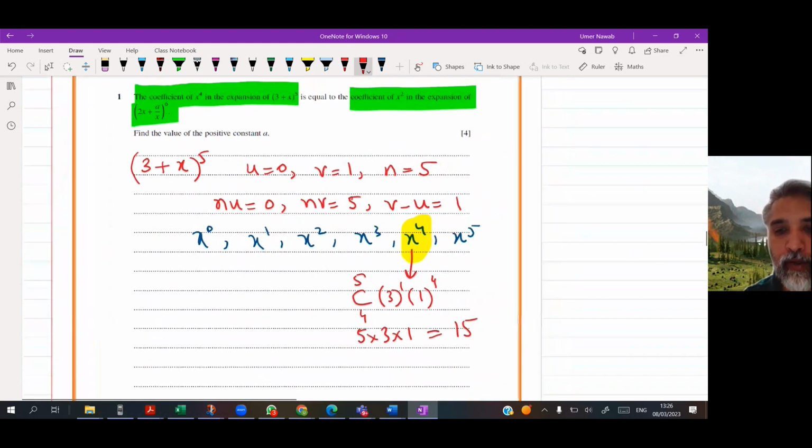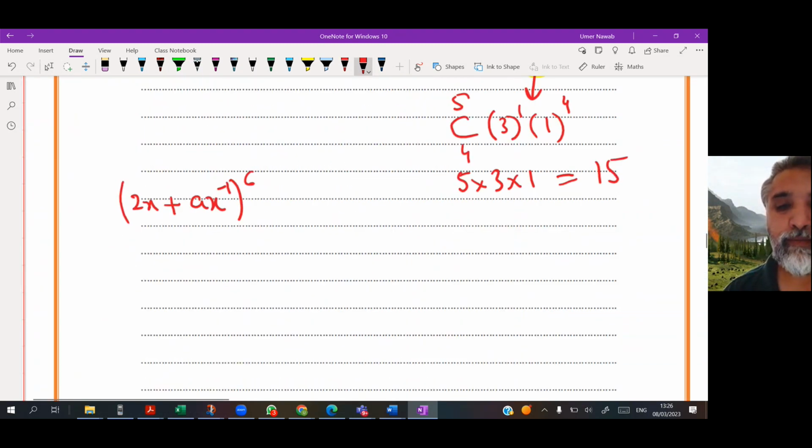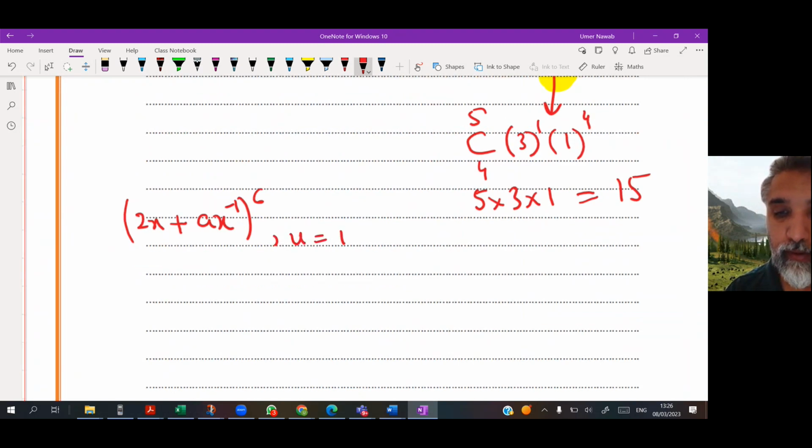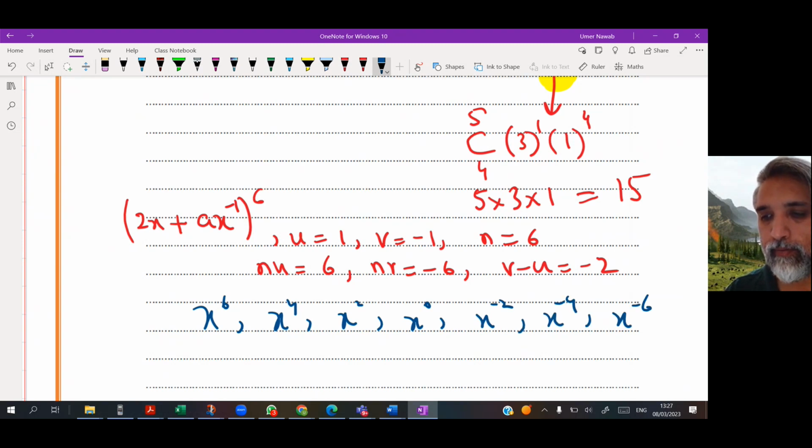Also, he gave you another expression, which is (2x plus ax to the power minus 1) raised to the power 6. Here we are looking for the coefficient of x squared. What is our u? 1. V is minus 1, and n is 6, and n times u is 6, n times v is minus 6, and v minus u is minus 2. Now the powers of x which we will get are 6, 4, 2, 0, minus 2, minus 4, minus 6.